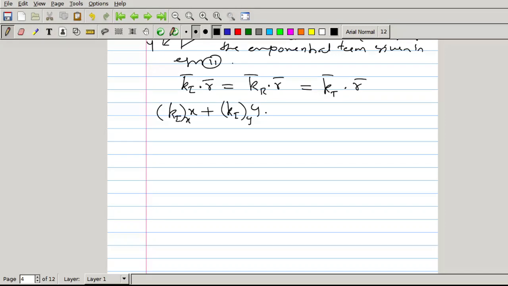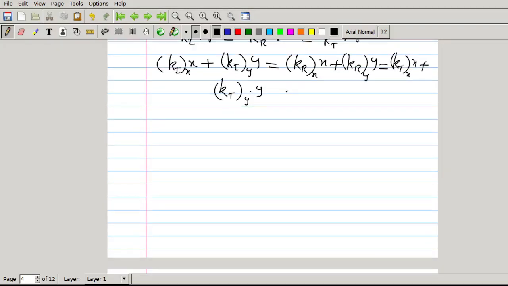So we can write k_ix times x plus k_iy times y is equal to k_rx times x plus k_ry times y, which will be equal to k_tx times x plus k_ty times y.